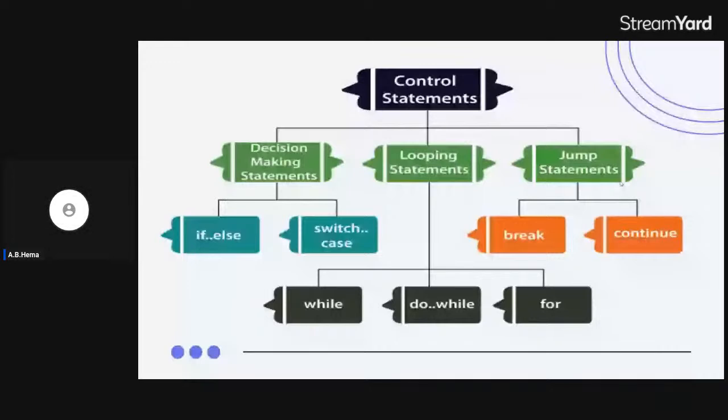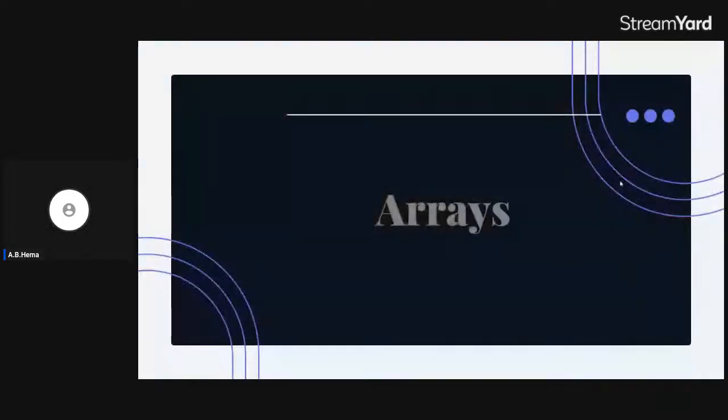Now let's see a small introduction about arrays. An array is a collection of similar type of elements which is mostly stored in contiguous memory locations. A Java array is an object which contains elements of a similar data type, and its size is always fixed.